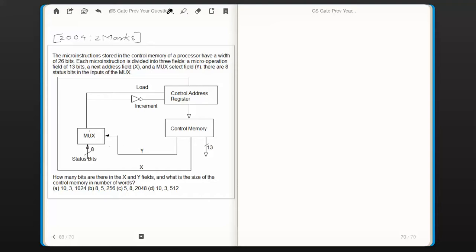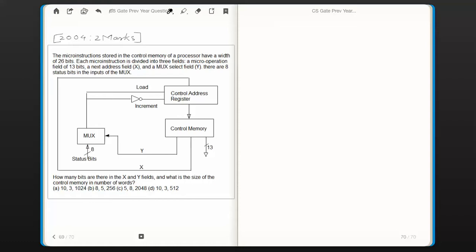In this mux we have 8 status bits, and depending upon the value of the select lines, one of these 8 inputs would be connected to the output by the mux. If the output of the mux is 1, then the control address register would be working in load mode.